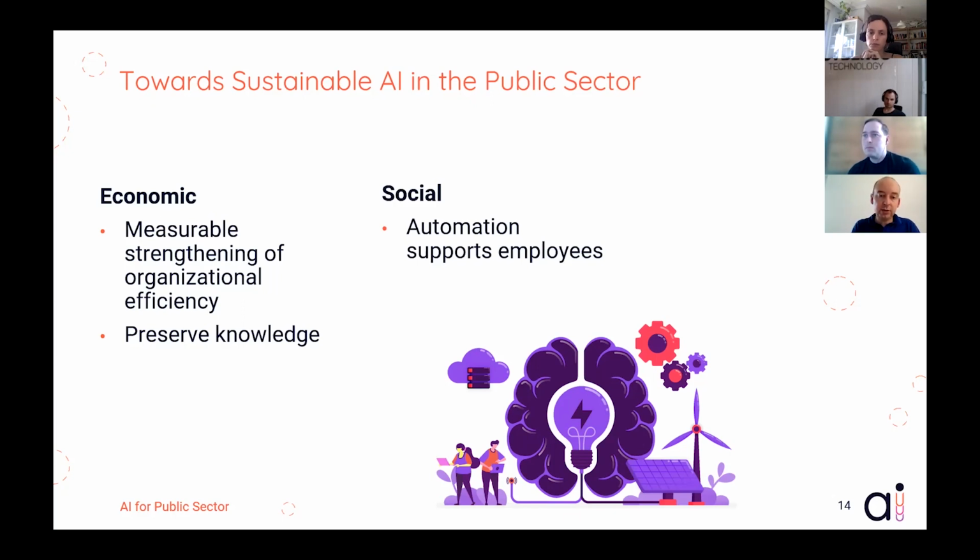Also, automation supports employees who do not have to work on daunting tasks like classifying things, writing, typing things, and so on, so that we have a social dimension of sustainability.